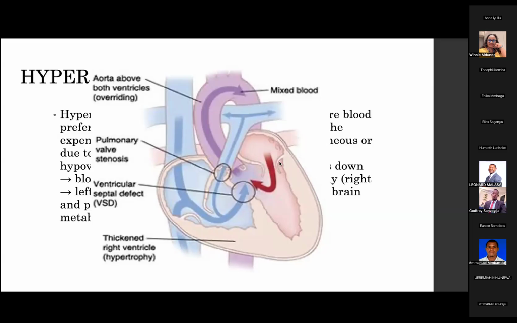This is a phenomenon called Eisenmenger syndrome, where you have hypoxia and metabolic acidosis, and these babies present in shock to us.